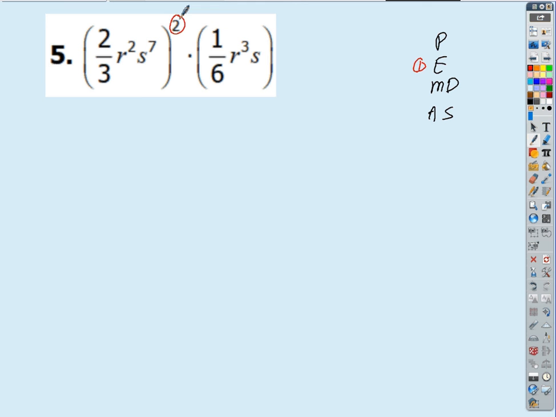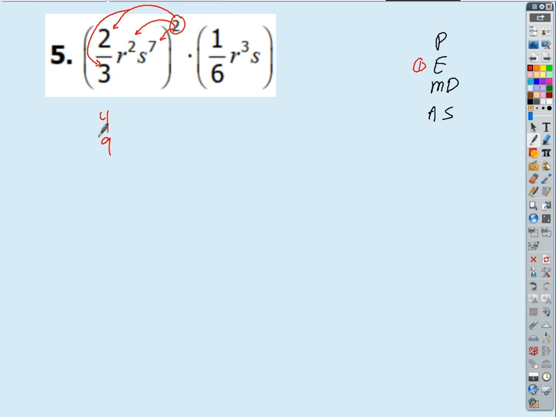So I can distribute that to the factors that are being multiplied or divided, right? So where do I distribute that? I'm going to distribute it to the 2/3, which is really the same thing as distributing it to the 2 and the 3, right? I'm distributing it to the r squared, and I'm distributing it to the s to the 7th. Okay, so what do we get from step number 1 then?